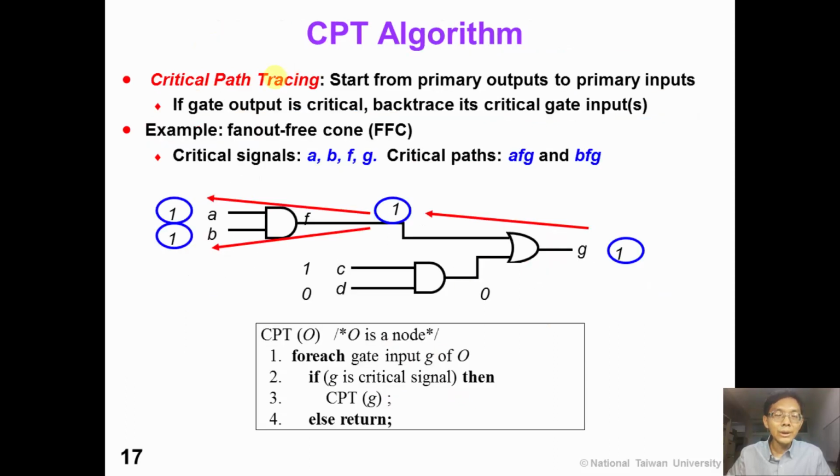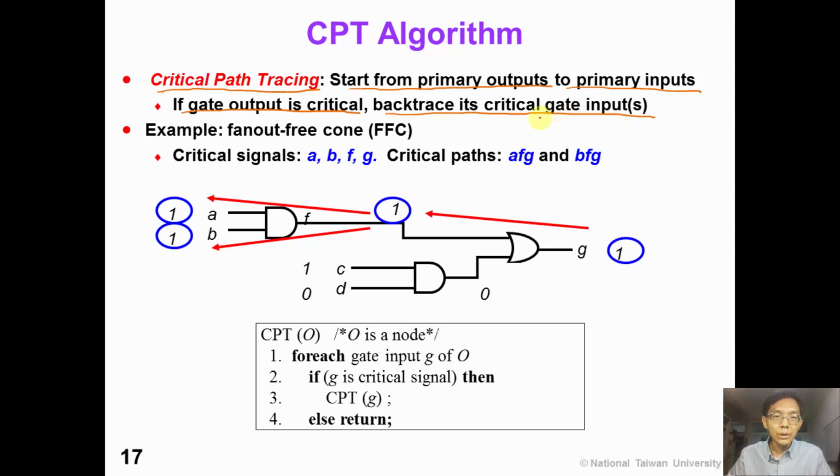This slide shows the critical path tracing algorithm. This algorithm recursively traces the critical path, starting from the primary output to the primary input. If the gate output is critical, then we backtrace its critical gate input.